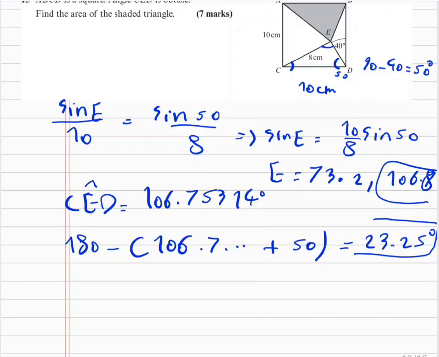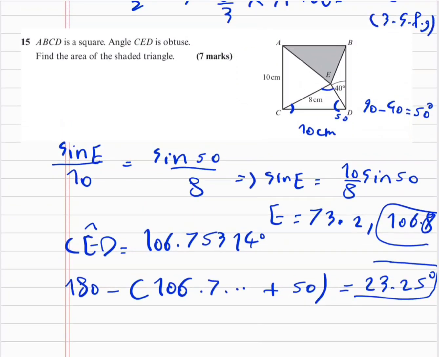Now here we need to use a very smart trick. One possible way of solving is this: this is the height to this triangle, and also the height to the shaded triangle, and we know that it's perpendicular, it makes 90 degrees here.